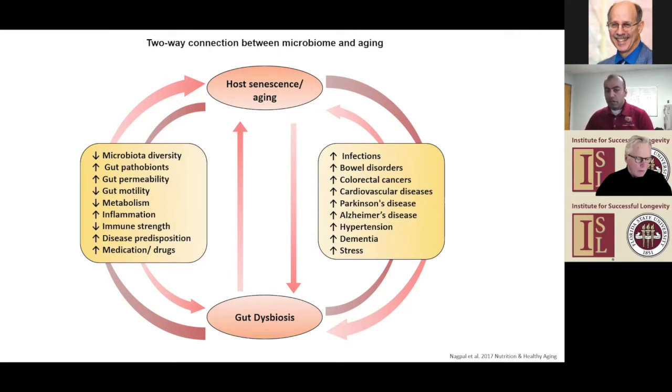But emerging studies also show that when a person is old, aging-associated microbiome changes, such as reduced diversity and increased proliferation of opportunistic pathogens, may also deteriorate the aging process. So they may increase the chances of infections and diseases during old age. So they're clearly showing that there is a clear two-way connection between microbiome and aging.